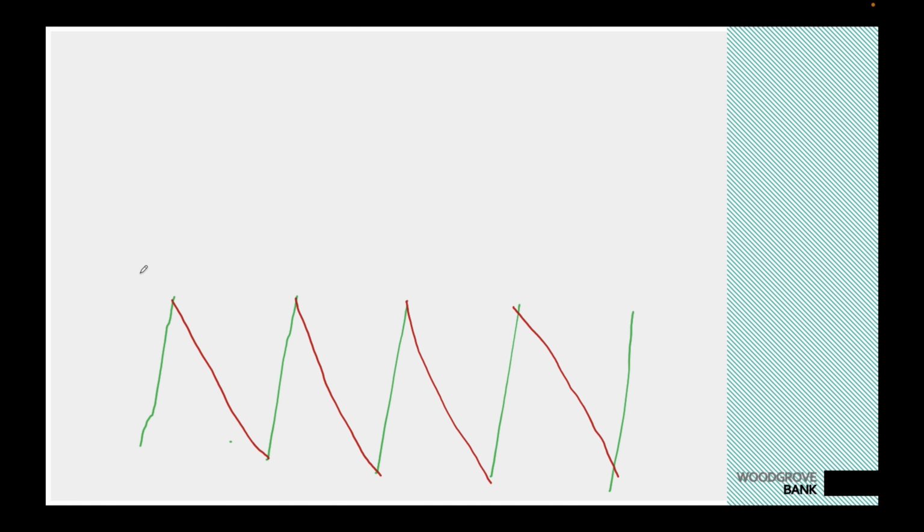So this point is what we call resistance. And this down here, we call the support.